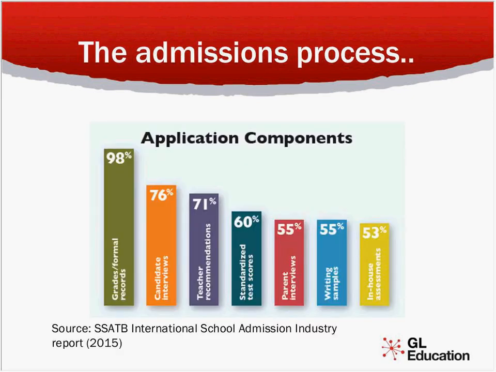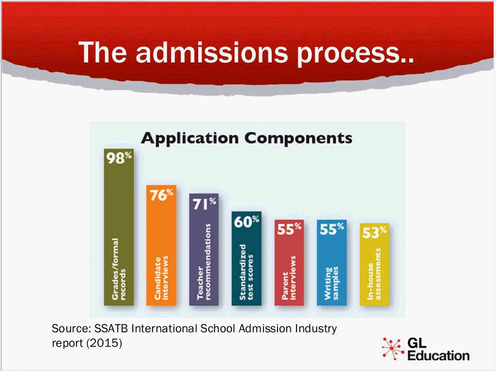Before I talk through the detail on the placement test, this graph you can see in front of you showcases components that are used by schools currently within the admissions process. The source of this was a report produced by SSATB, called International School Admission Industry.